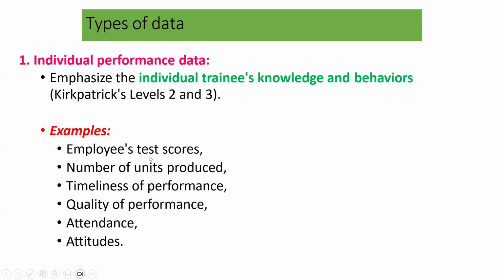For example, if we hold an examination, the individual test scores obtained can be taken as data for evaluation, along with number of units produced, timeliness of performance, quality of performance, attendance, and attitudes. Basically, in Kirkpatrick's model, individual trainees' behavior can be measured through this type of individual performance data. Levels 2 and 3 are facilitated by this type of data.